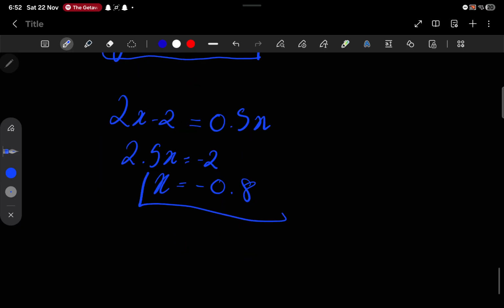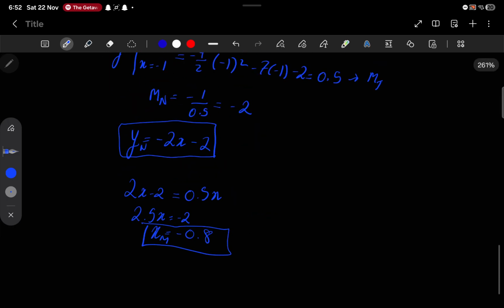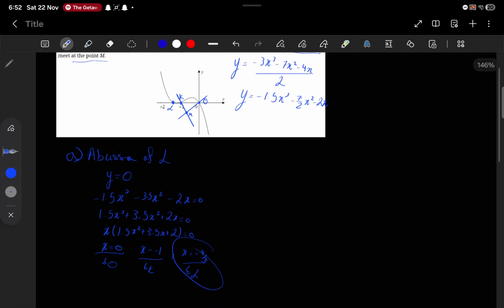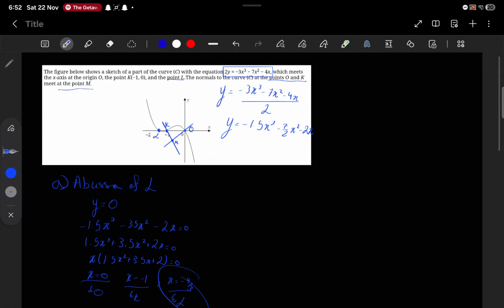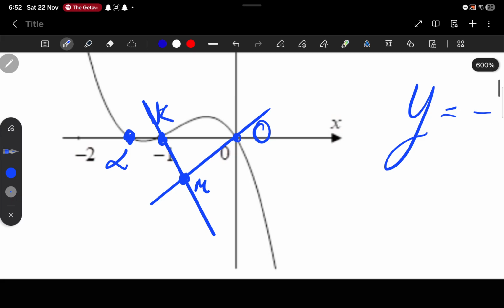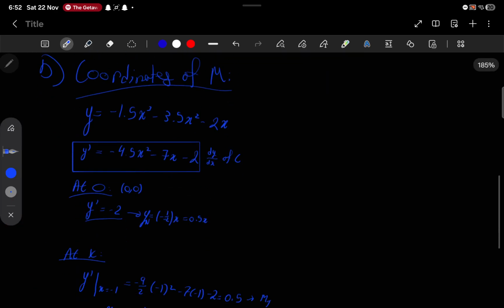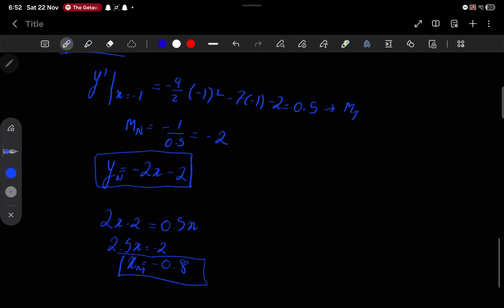Okay, now this is x of M. However, they want the coordinates also, so they want y. Now, a common mistake I see people doing here is they substitute negative 0.8 into the function. No, because it doesn't belong to the function. You can see here, it doesn't belong to the curve. It belongs to the normal lines. So you're going to substitute x equals negative 0.8 into any of the normal line equations.